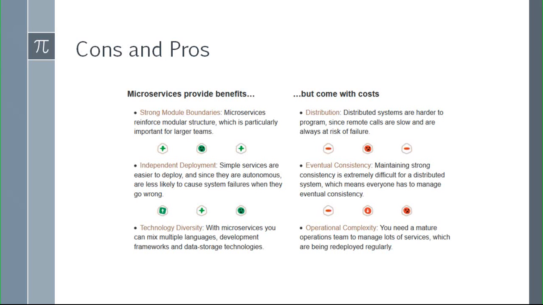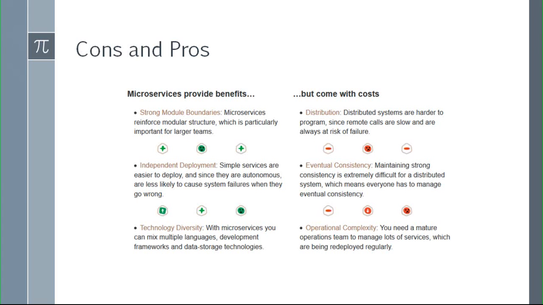Also, they add more latency, because in a monolithic system we don't have any kind of latency, because the whole system is in one place in a single project, for example, a single WAR file or single jar file. So you don't have any communications between different services.